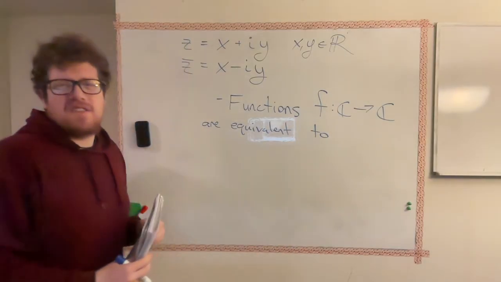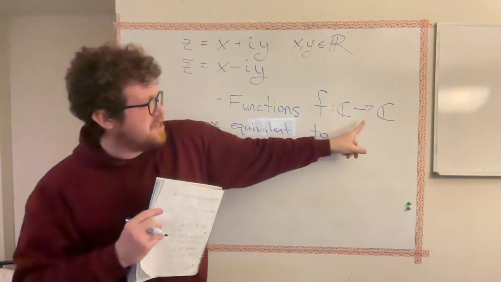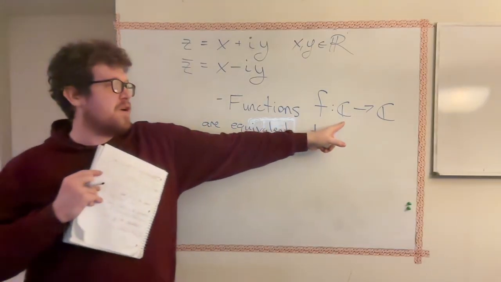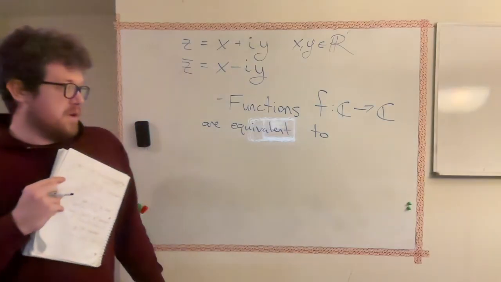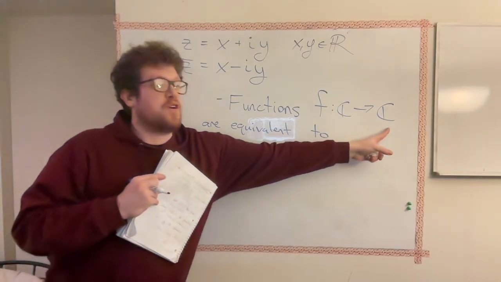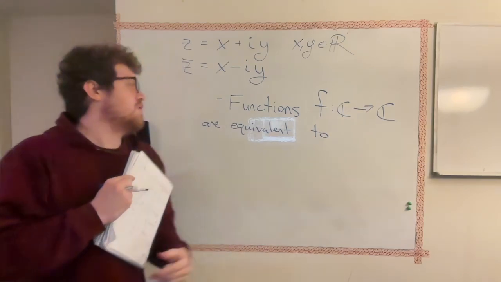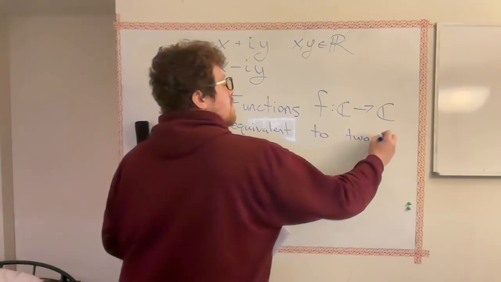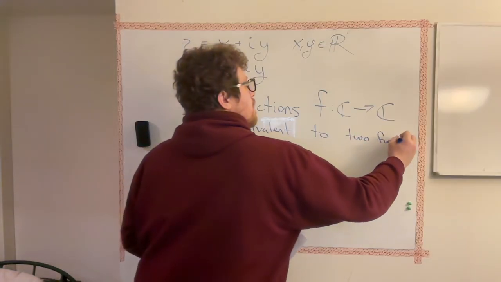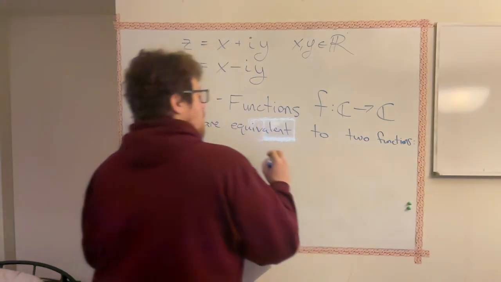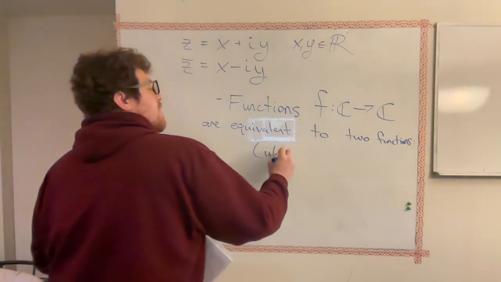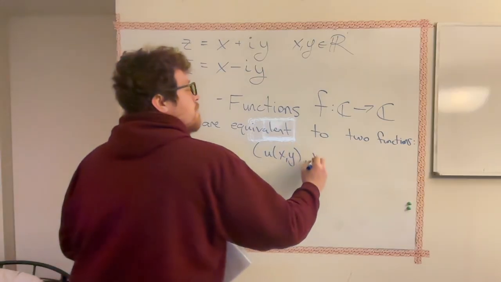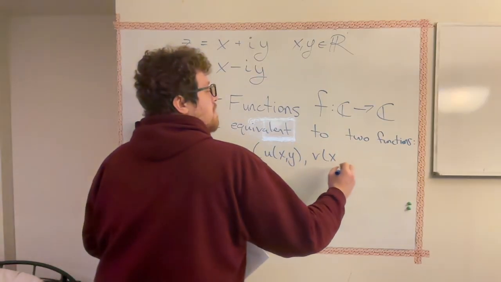because this is a two-dimensional number system, essentially it's like a map from R2 to R2, which just means it's like two functions of two variables. So it's basically equivalent to two functions, which are u of xy, and we usually call the next one v of xy.